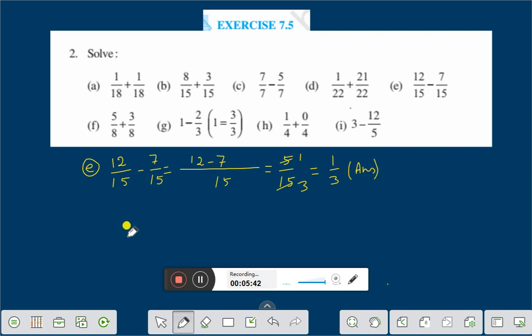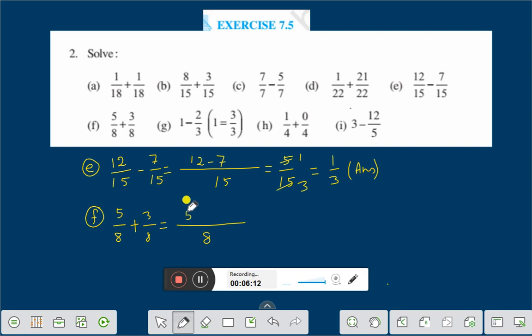Now question number F. Question number F is 5 by 8 plus 3 by 8. Here you see the LCM is 8.